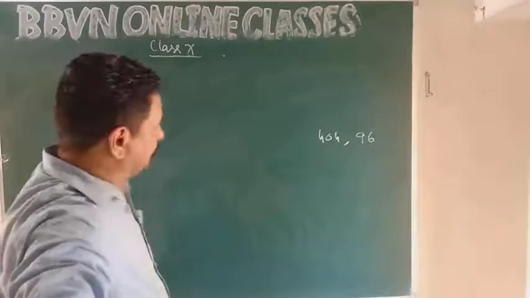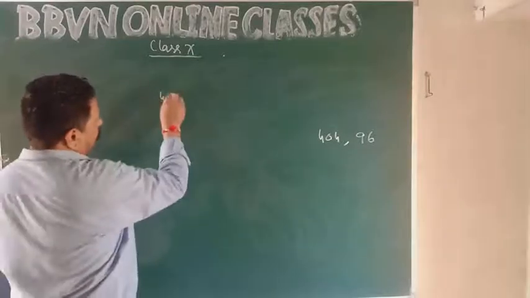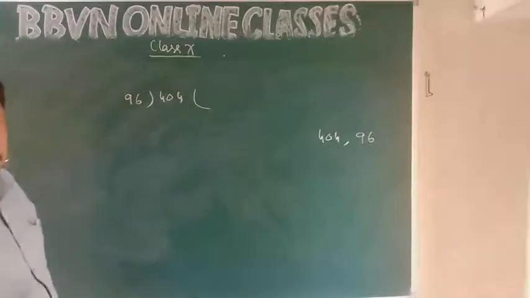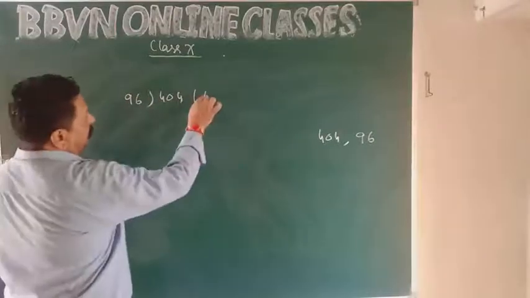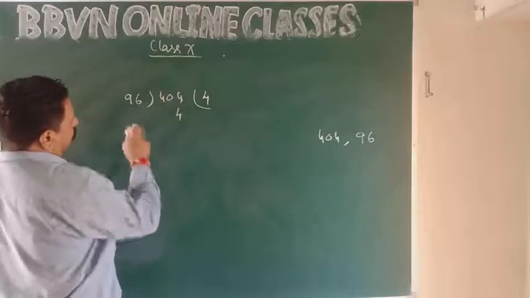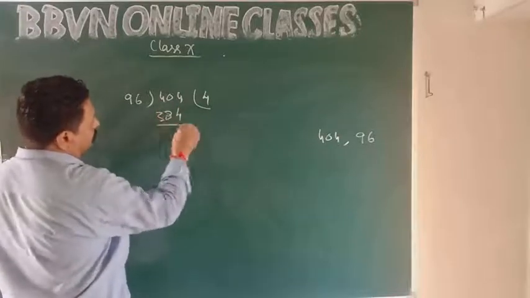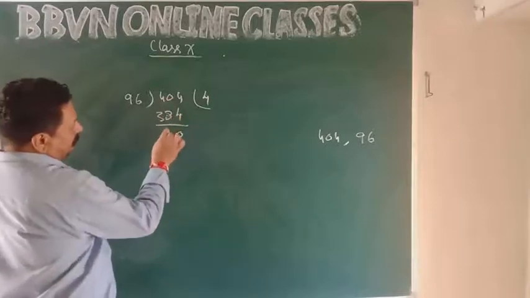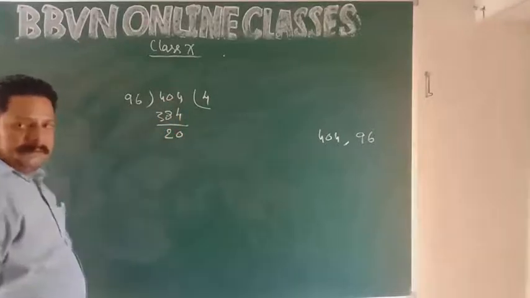404 and 96. 404 divided by 96. So 4 times 96 is 384. 404 minus 384 is 20. 20 is the remainder.